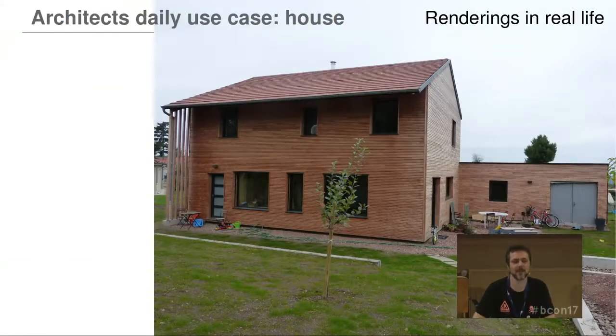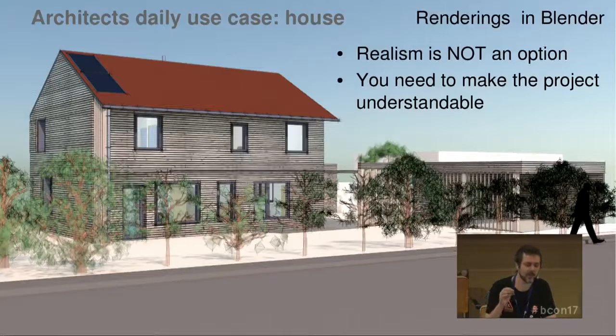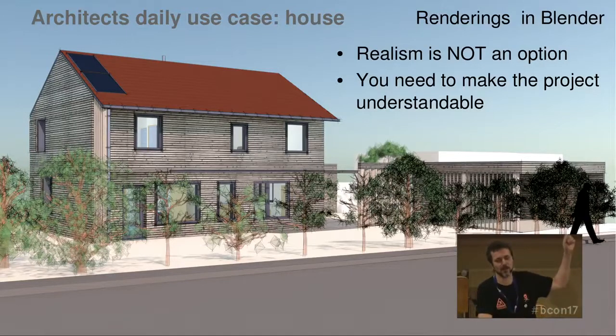So it's a choice to make unrealistic projects. The aim of the rendering is to make the client understand how the house will be. But you must always put distance between the project and the reality, so that they will not assume that it is supposed to be exactly like that.